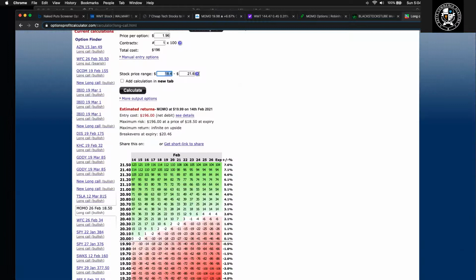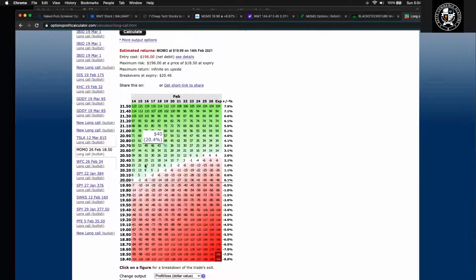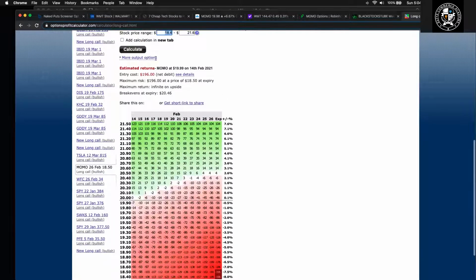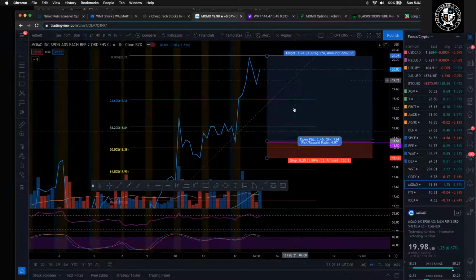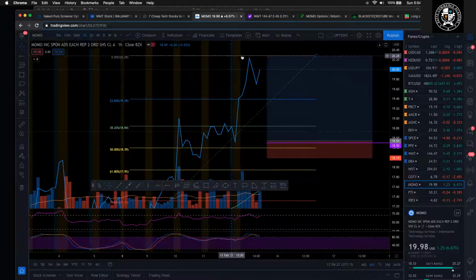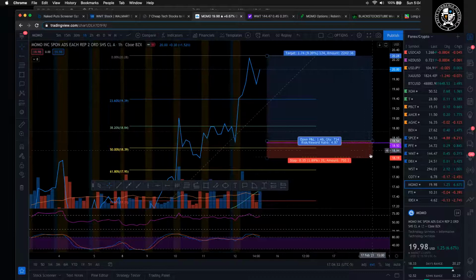And I would type that in right there. It will calculate it, and it will make my options profit calculator chart be confluent with my TradingView chart and my long position right here. So take profit will be here, 100% level, boom, stop loss here, entry here.